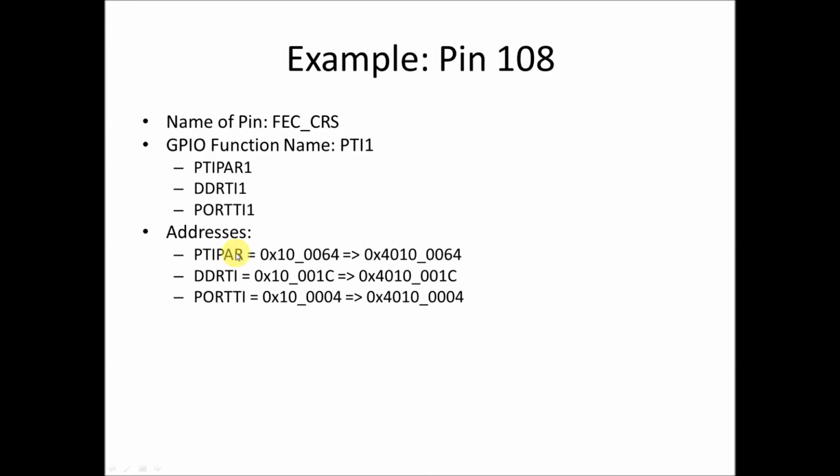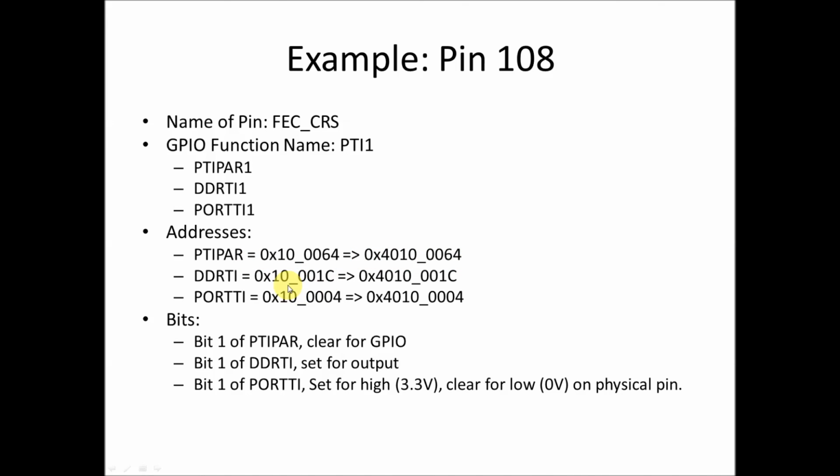We found out the addresses by looking in Chapter 15 at what the individual registers are. So here, the register for PTI par is at 1064. We add the IPS bar value to get the actual location of each of the registers. Then, using that information, we looked at what the bits mean.